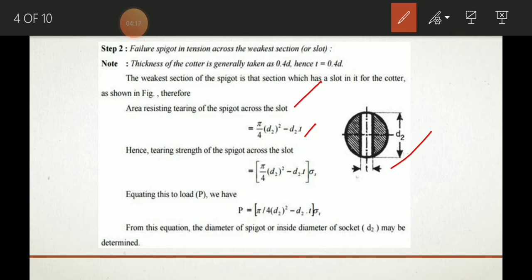So we can write P equals pi by 4 d2 square minus d2 into t, into sigma t. This is how we calculate the failure of the spigot, the same way as the failure of the rod. Similarly, you calculate the value of P, the failure strength of the spigot.